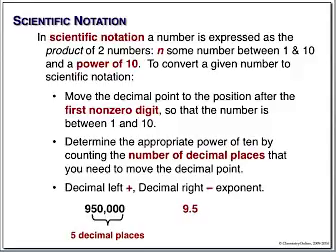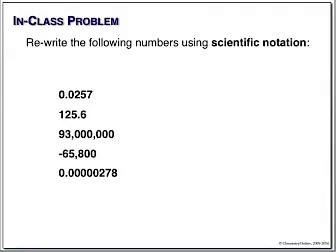Because we moved it 5 decimal places to the left, our power of 10 is simply 10 to the 5th. Simple exercise. Let's go ahead and do some. Very quickly, take and convert these into scientific notation.